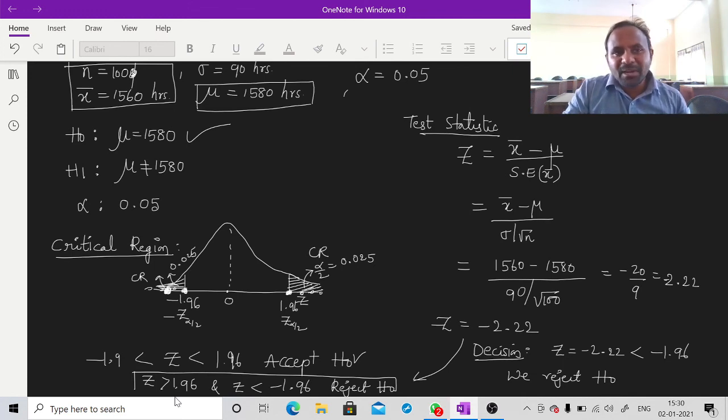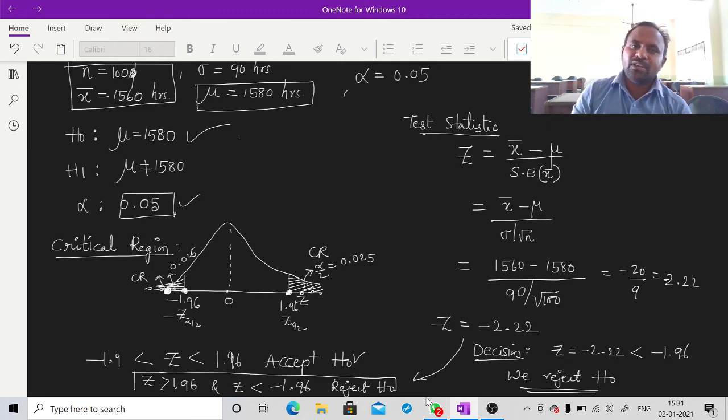But with our sample information and our test process, we have to reject the null hypothesis. The company's claim is wrong. And our procedure is correct, but our statement may be wrong with 5% probability. That is what your level of significance is. Thank you.